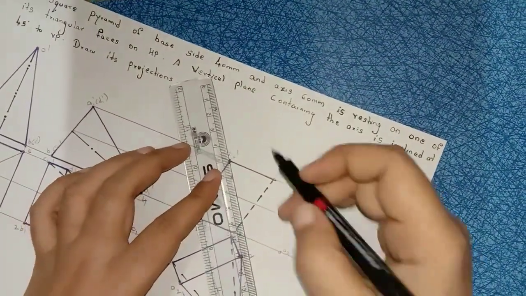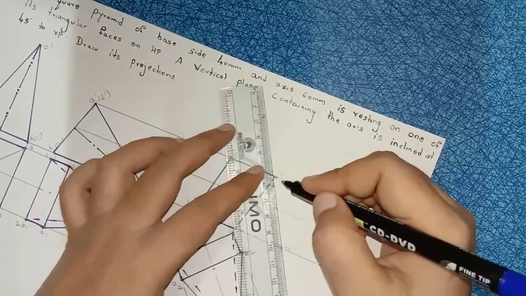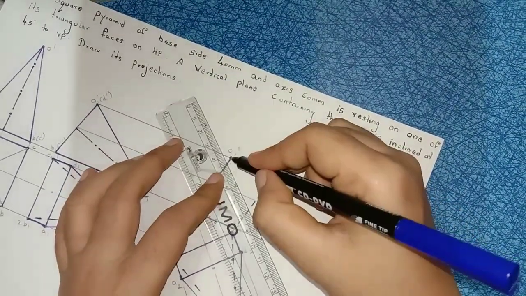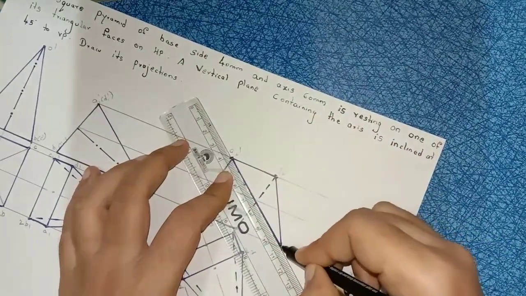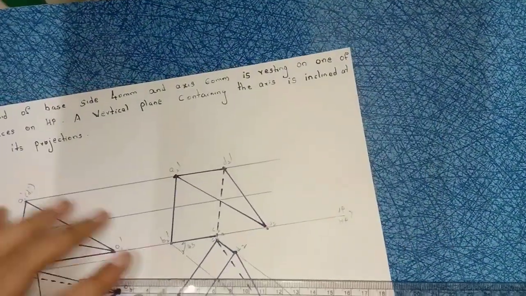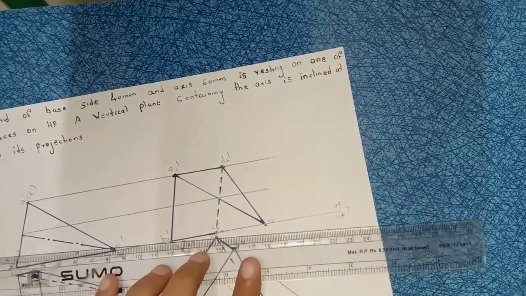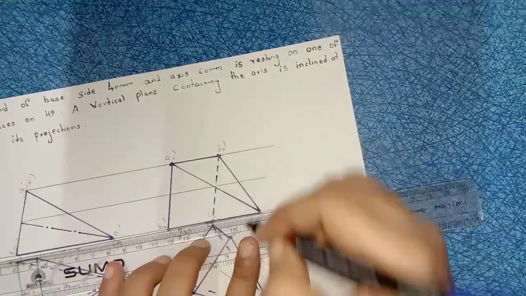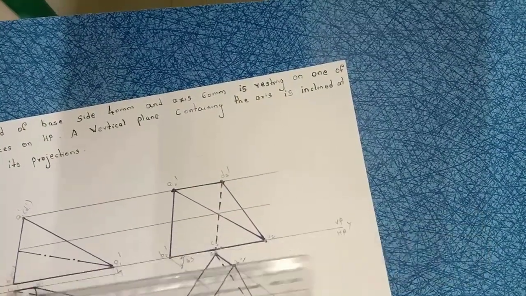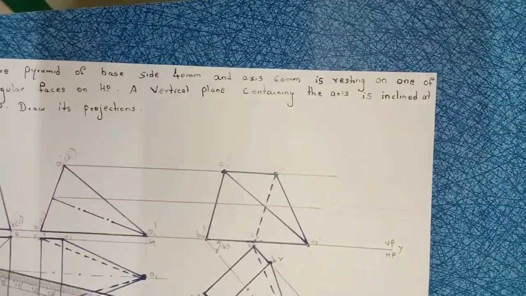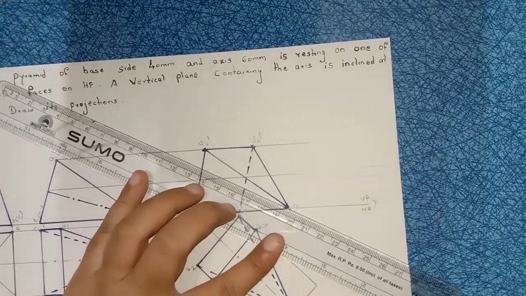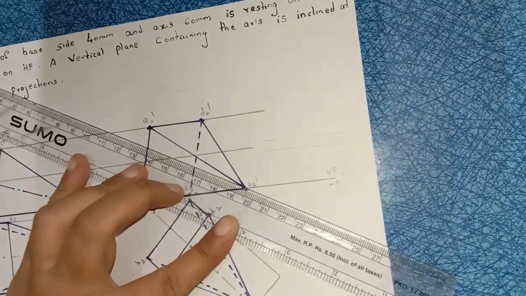Now join here O2 dash to D2 dash, O2 dash to A2 dash, O2 dash to here, D2 dash. So from this O2 dash to this, you can draw the axis line also.